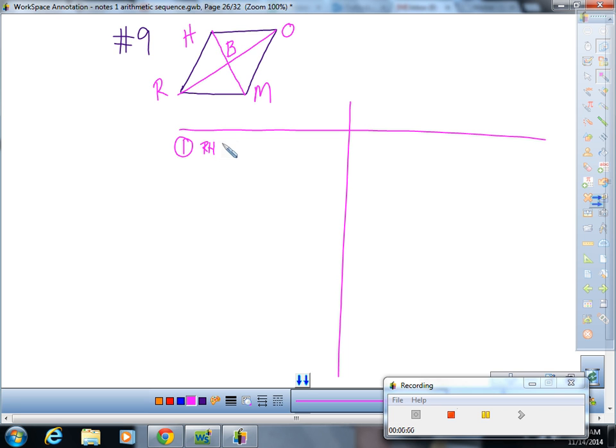R H O M is a rhombus. That's what's given. Okay?